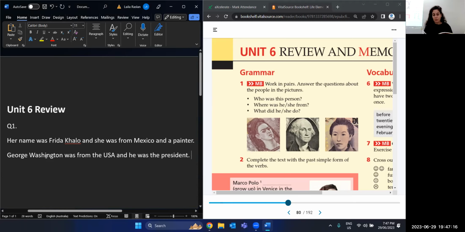So we're looking at the unit review at the end, and we'll do your presentation in a moment. George Washington was the president. He was the first president. What we're doing here is using the verb to be, was or were, when we talk about people in the past. And the last one, who do we have?